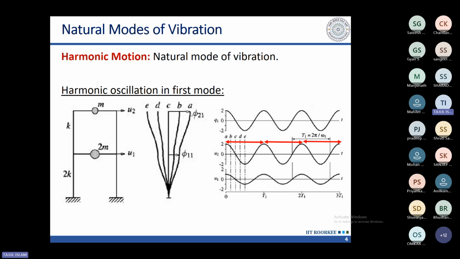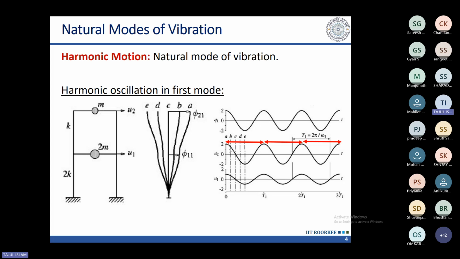This is represented by point A. If I go to some other time step, let's say point B, you can see here the first story is here and the second story is here. Although the amplitudes of the first and second are not the same, they reach their particular peak at the same time. This is what harmonic motion means.